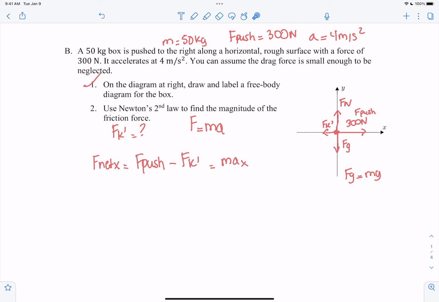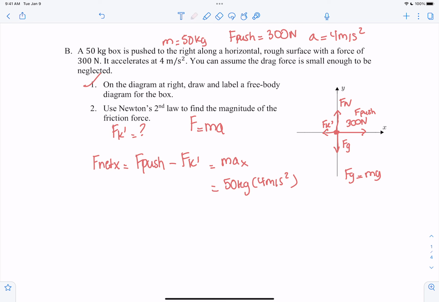Well, according to the details given in the problem, we know the acceleration to be 4 meters per second squared. We already know the mass as well. So we have 50 kilograms times 4 meters per second squared. We can fill in those two blanks for those variables.